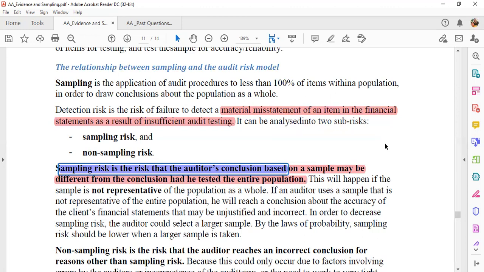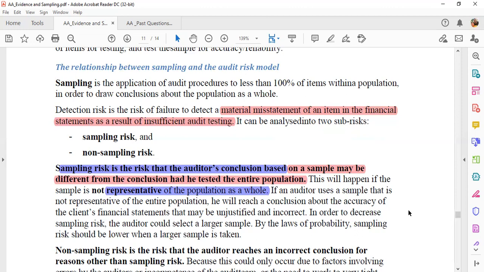But now you are not checking the entire population. The risk that occurs as a result of conducting a sample is what we call sampling risk. This will happen if the sample is not representative of the total population. So please don't forget that.